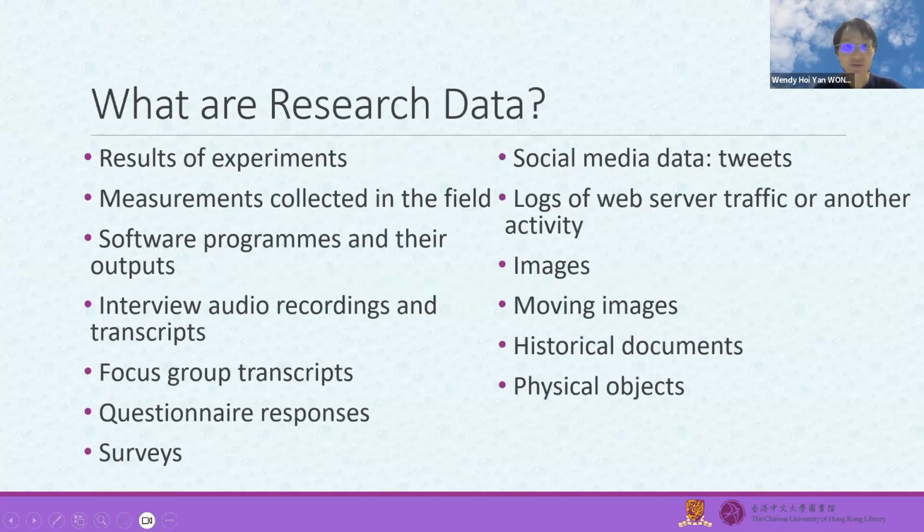Before the in-depth study of research data management, first of all, we have to think about what research data is. Research data can have a very broad scope. It can be experimental results. It can be measurements from your fieldwork.